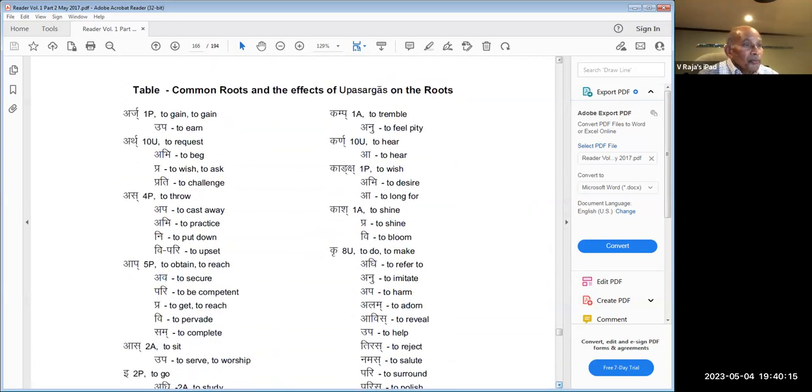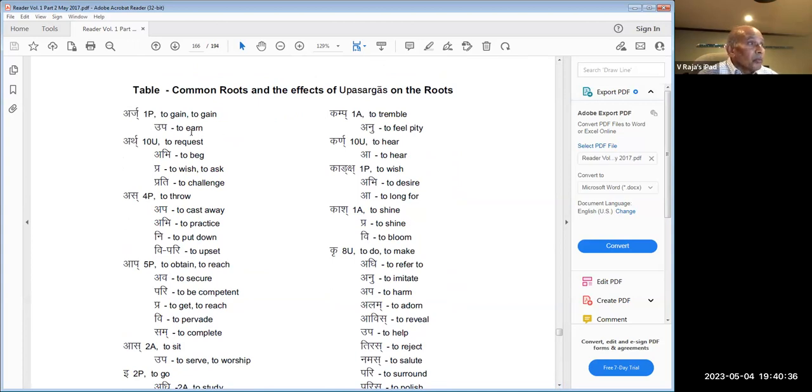In this table, I took the common roots which we see at our level and gave some. Arj is to gain, arjana.